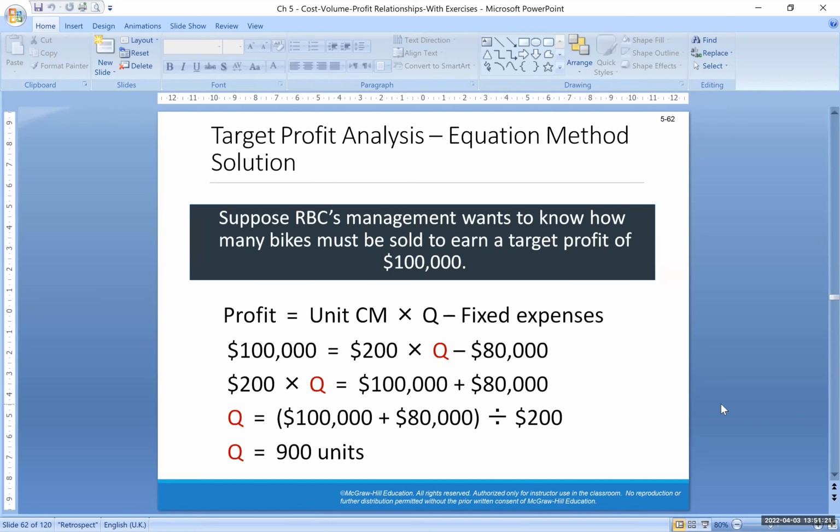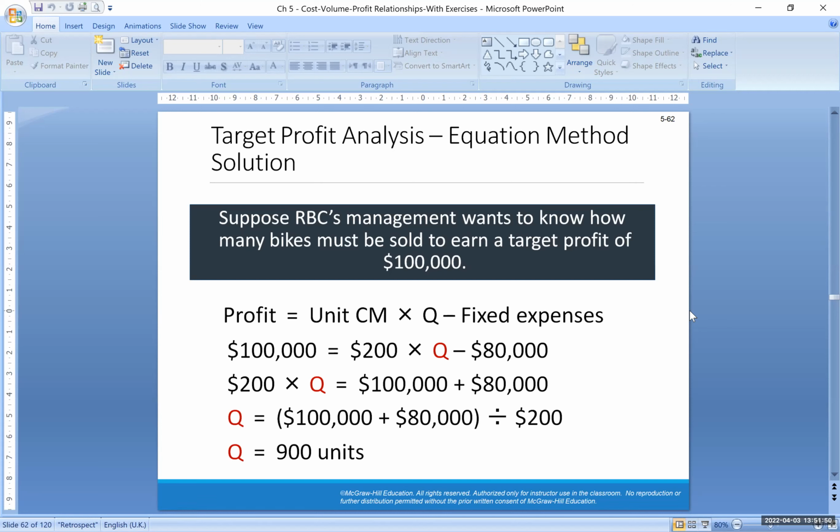The unit contribution margin is calculated from price minus variable cost, which is 500 minus 300. This equals 200, multiplied by Q, which is the needed units, all minus the fixed costs, which is given in the question as $80,000.